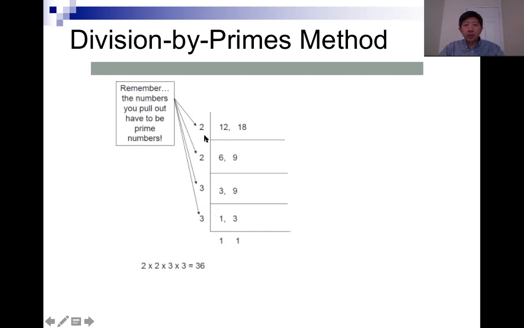So therefore we got 2, 2, 3, 3, 1, and 1. So what is the LCM? The LCM is 2 times 2 times 3 times 3. So therefore we got 36, okay?